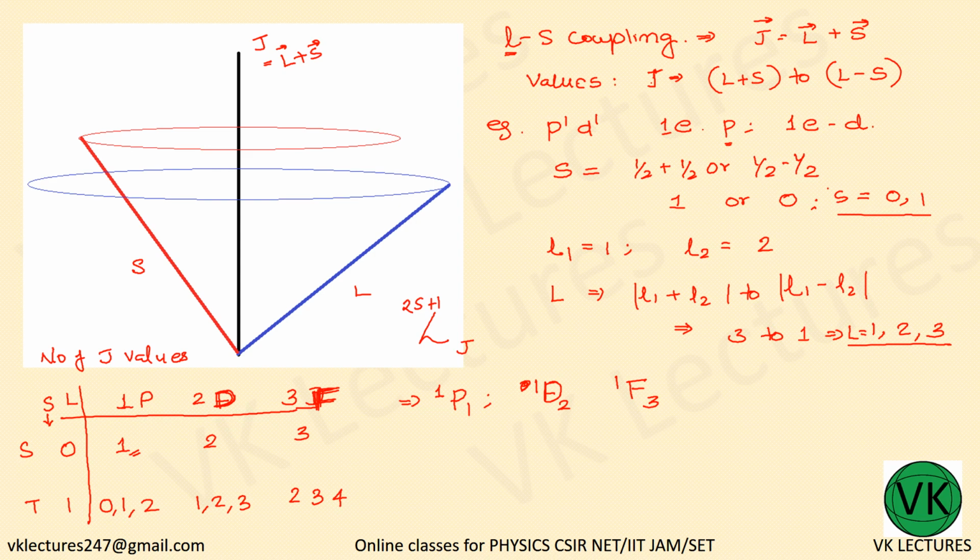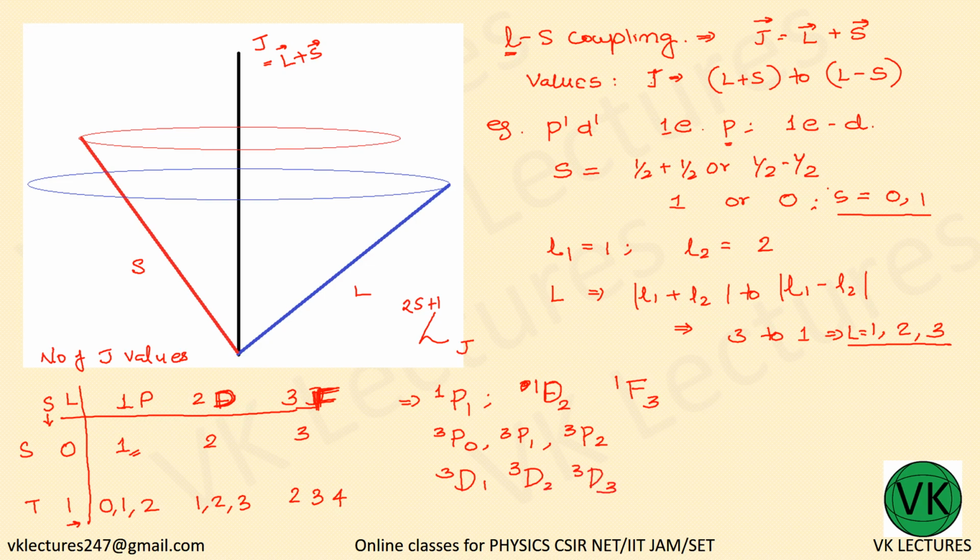Now these are the singlet states. Now we have the triplet states. Triplet state starts from 3P, 3P0, 3P1 and 3P2. Now we have D, again a triplet state: 3D1, 3D2, 3D3.